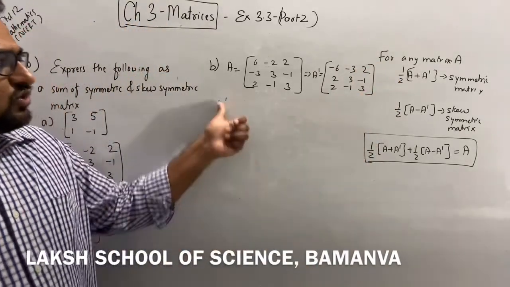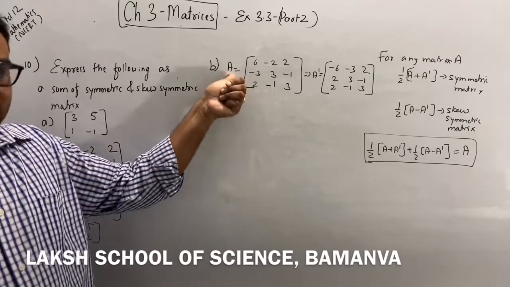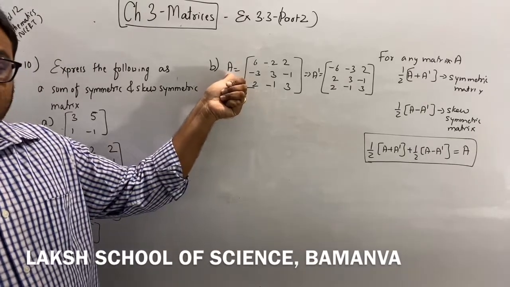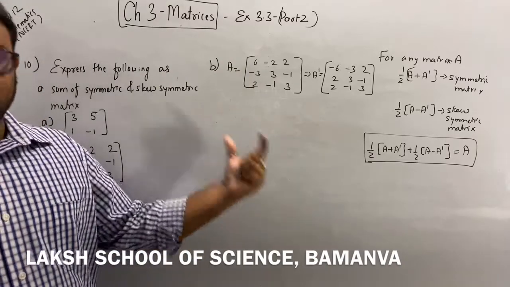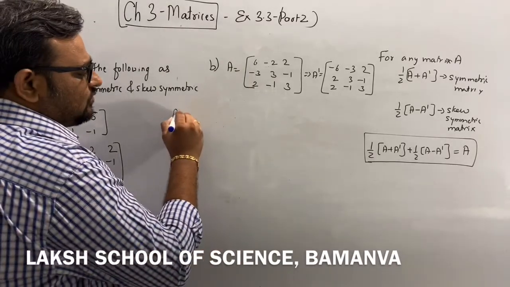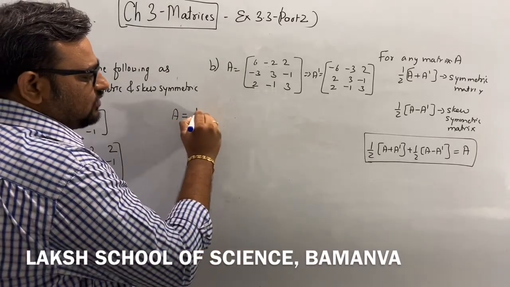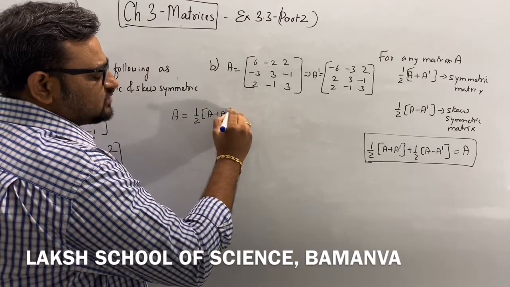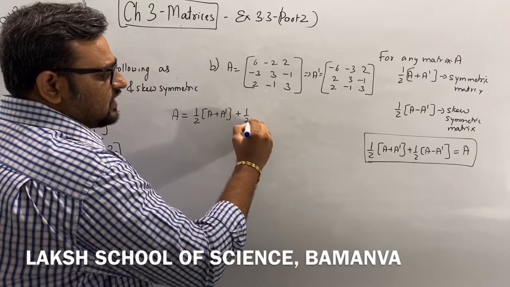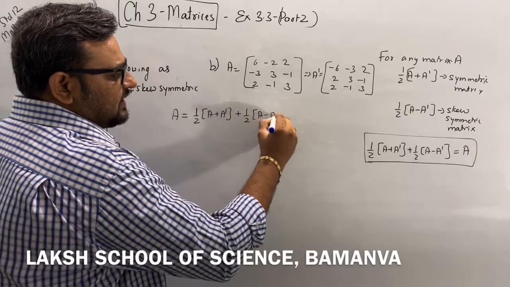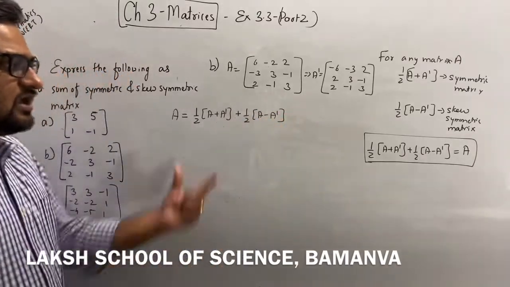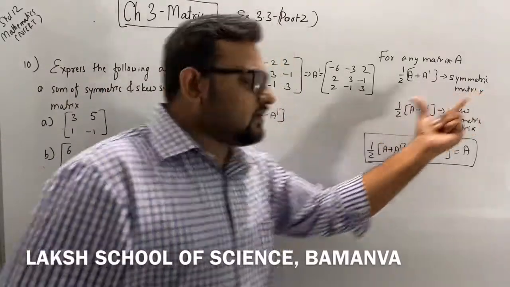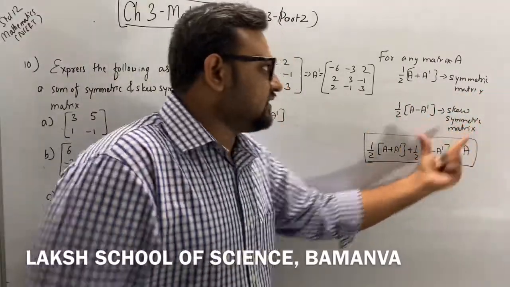Okay, so if I want to express this as sum of symmetric and skew symmetric, then I can write it down. A is equal to half A plus A transpose plus half A minus A transpose. Okay, this will be symmetric, this will be skew symmetric.